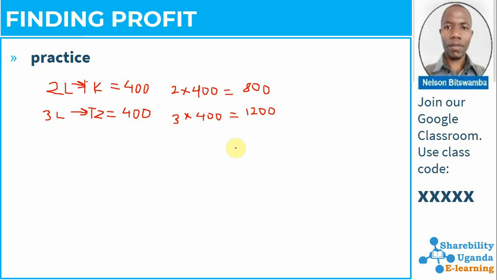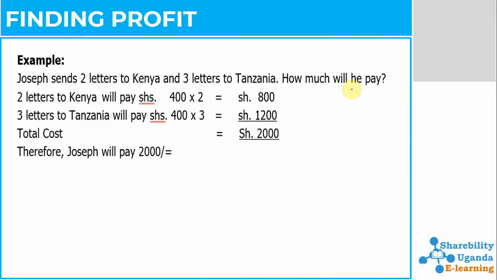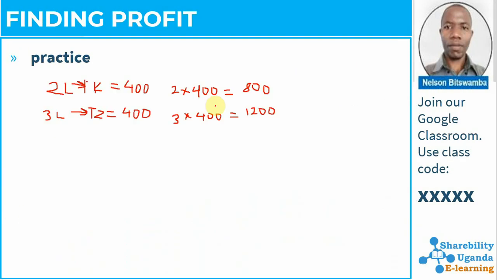Now here they are trying to ask us how much will he be able to pay for the 2 letters and the 3 letters. Okay, so we have started them very well. They want us to find how much he will pay, because he sent 2 letters to Kenya and 3 letters to TZ, Tanzania.